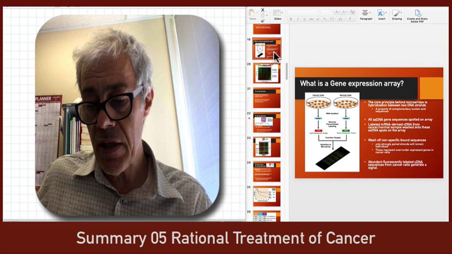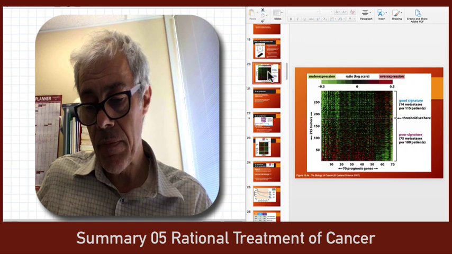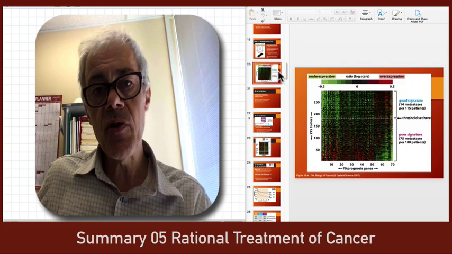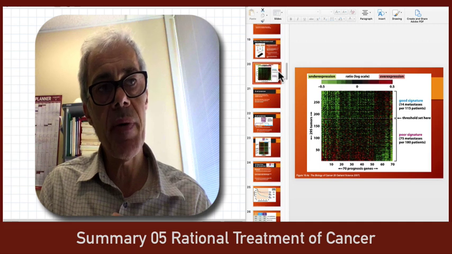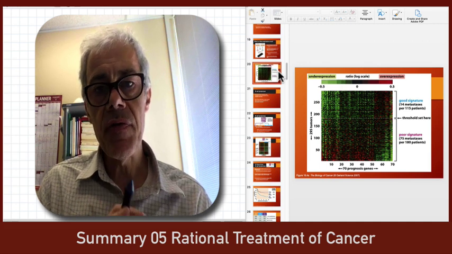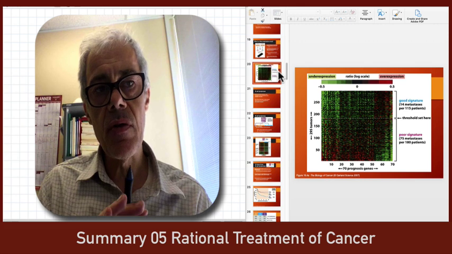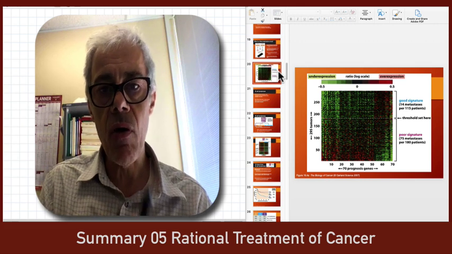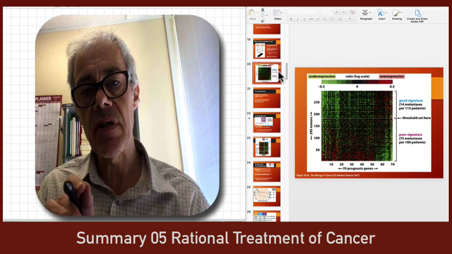We've talked about this earlier in the lectures: the different kinds of proteins which often occur in different cancers.